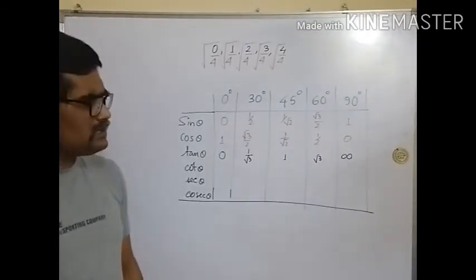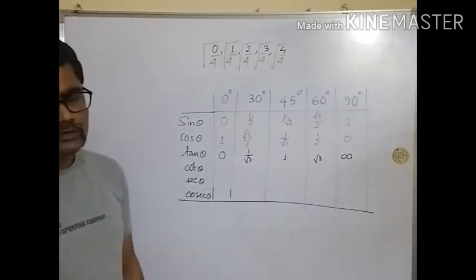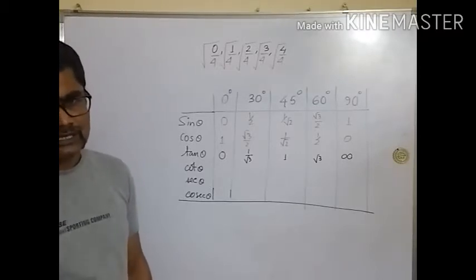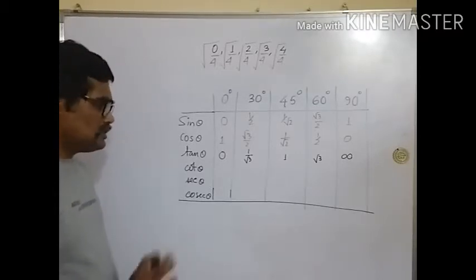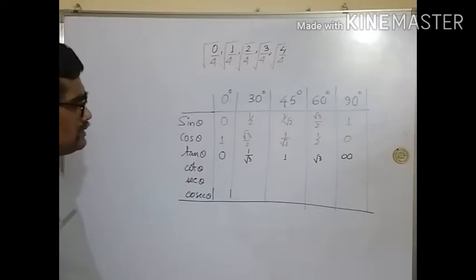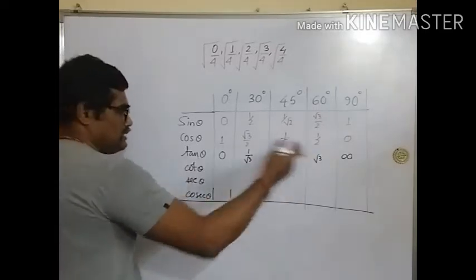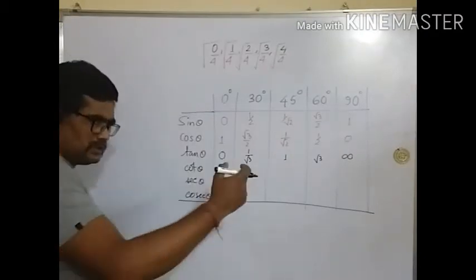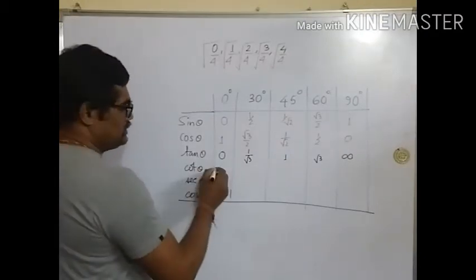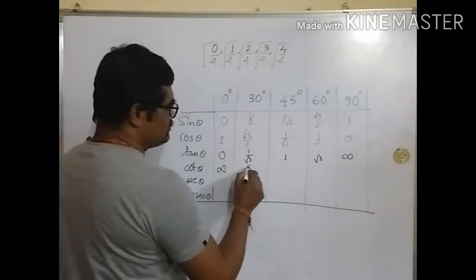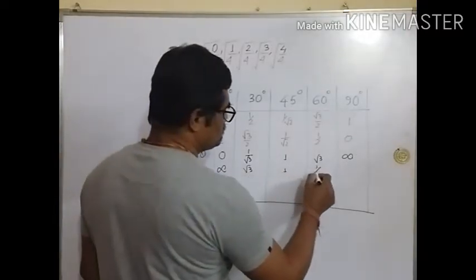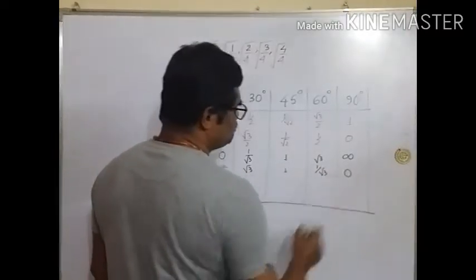Anyway, that doesn't make any difference for you presently because you need to look only for the options. No description is needed. So we'll remember it like this. Now, whenever it is concerned with cot, again rewrite these values in the opposite order. Then you will get all the values of cot. Right?